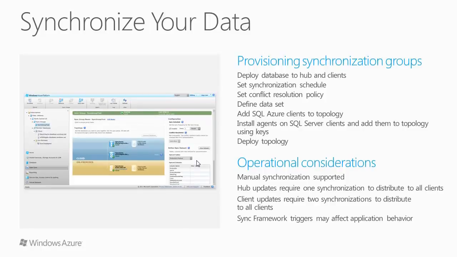And because it's based on the sync framework, the sync framework triggers may affect application behavior. So, again, this is built on the sync framework. Depending on how you have this set up, this may have an effect on your application. So just be careful as you set this up what effects this may have. So nothing big, but just kind of an FYI.